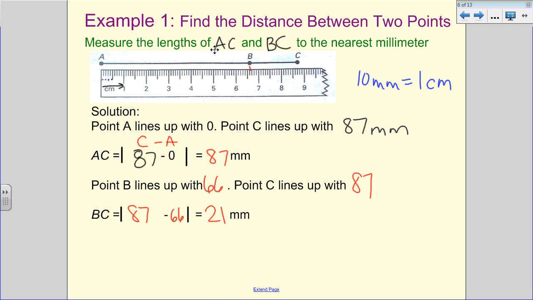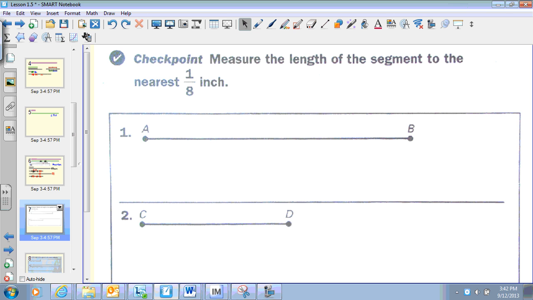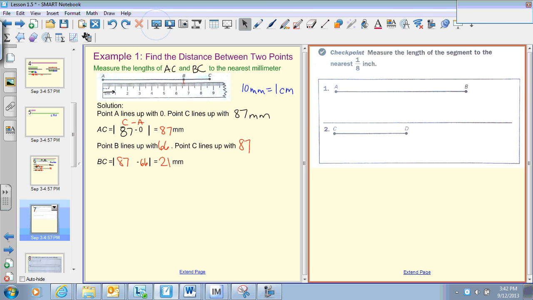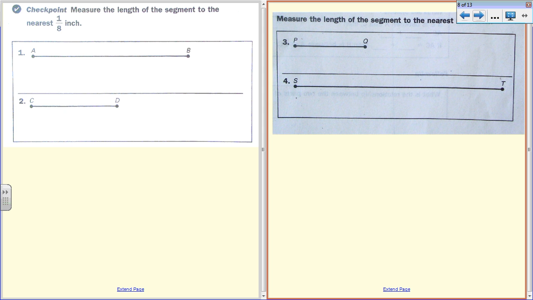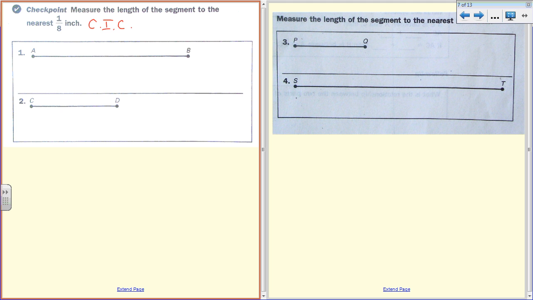The next 2 slides in here are our checkpoints. I can't measure these on the screen for you guys because the way they come into the screen, they're larger. So once again, these will be ones that we check in class. I should be able to put these up on the document camera, but I'm expecting you over the weekend to find a ruler.